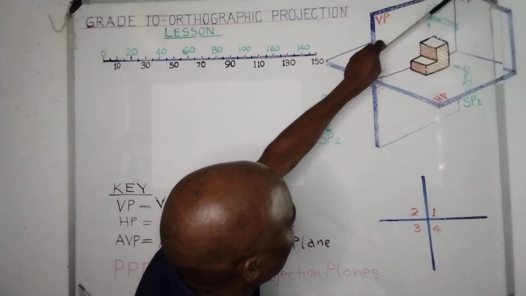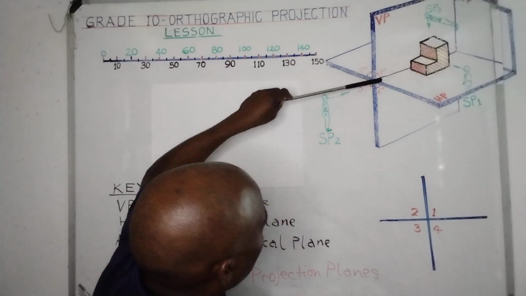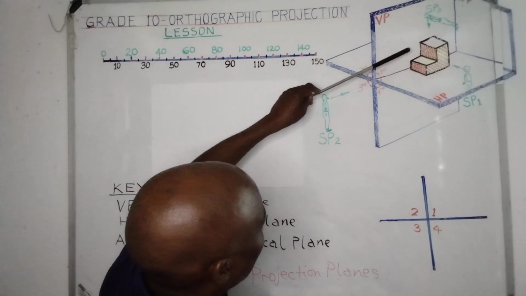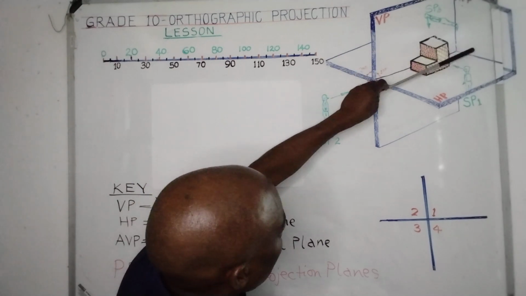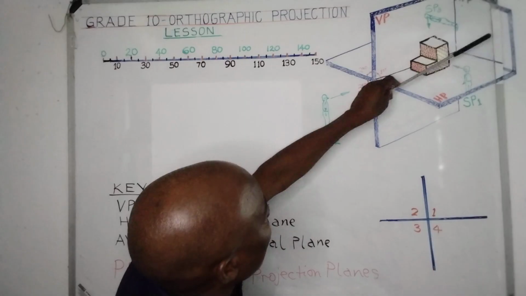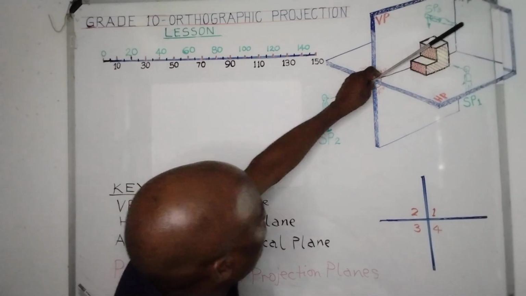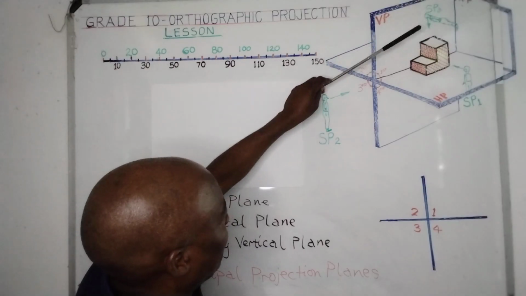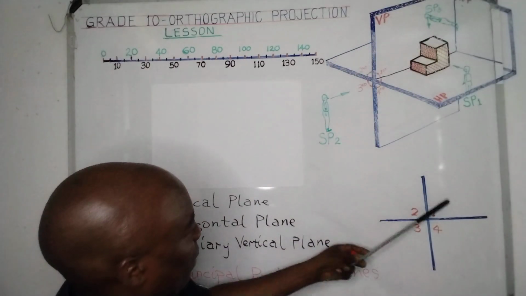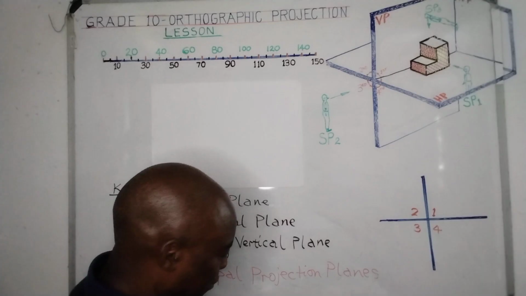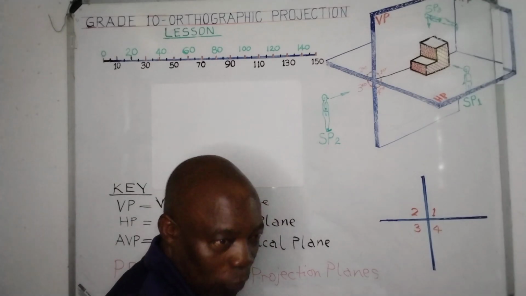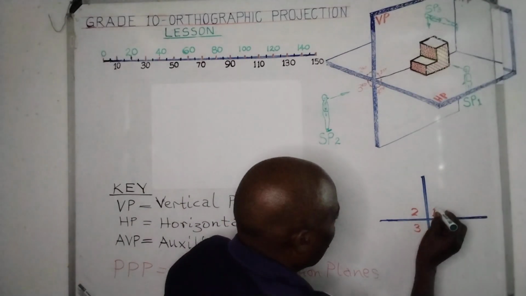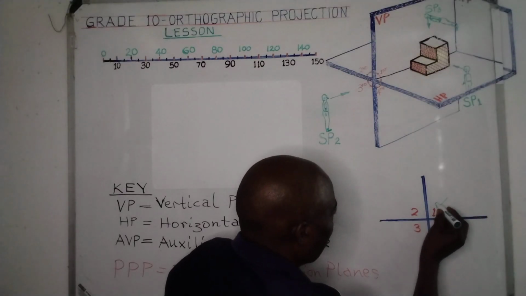So I said first angle orthographic projection is the one that we are going to start with. Right. So in this case, it will be these three planes. If you flip them open, there's a hinge here, a hinge there, a hinge there.